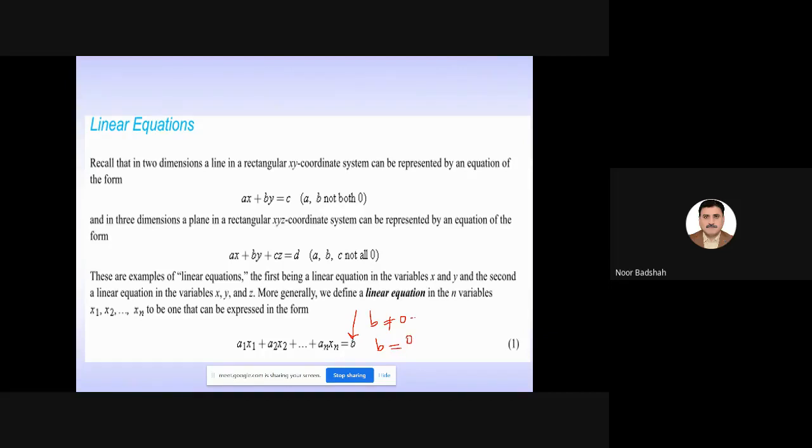So non-homogeneous basically means there is some inflow in the system. For example, a bit earlier when we were finding coefficients for balancing that chemical reaction, we had a homogeneous equation because there was no inflow in it.